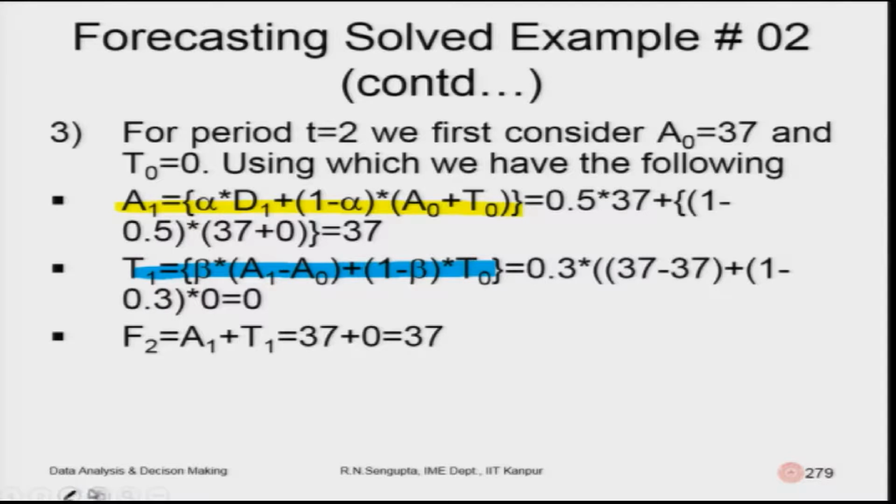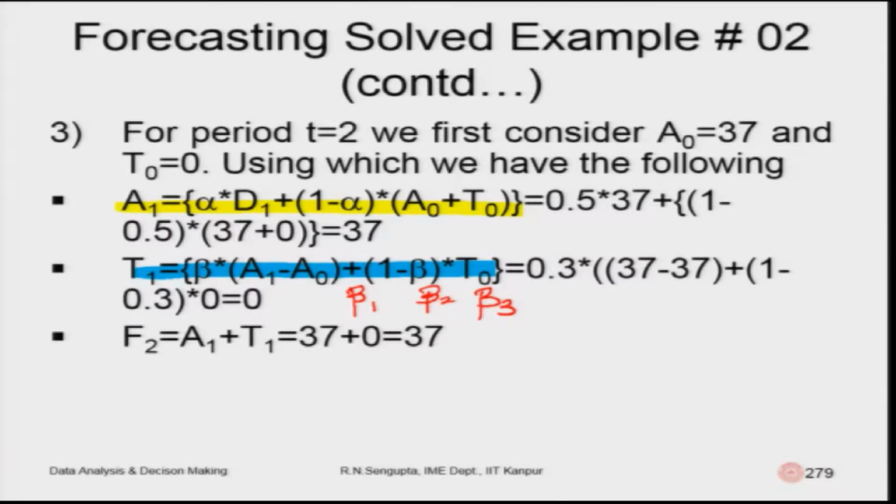You would basically have a beta 1 here, a beta 2 here and a beta 3 here, considering beta 1 is the weight for the difference between a1 and a0, beta 2 is the weight we are giving to t naught and beta 3 is the weight we are trying to give to t minus 1. Here we consider only 2 betas, so the sum is 1.